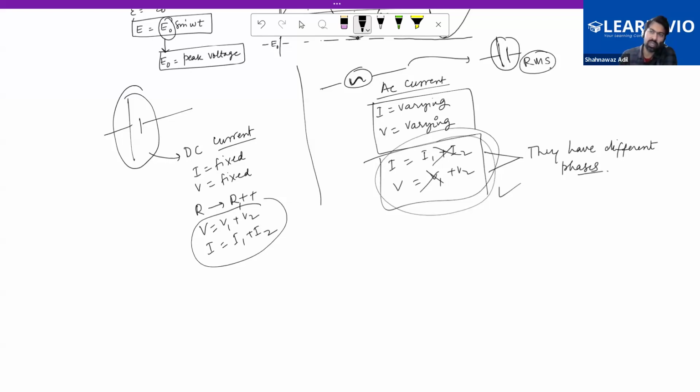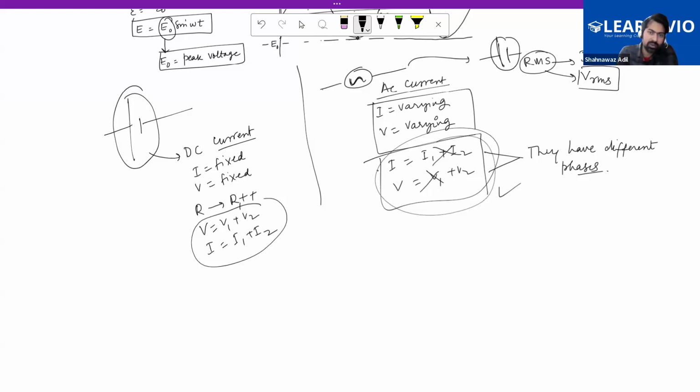So whenever we are talking about the AC chapter, the current and the voltage that we are talking about are only the RMS current and the RMS voltage. But before that, let us find out what RMS voltage is.